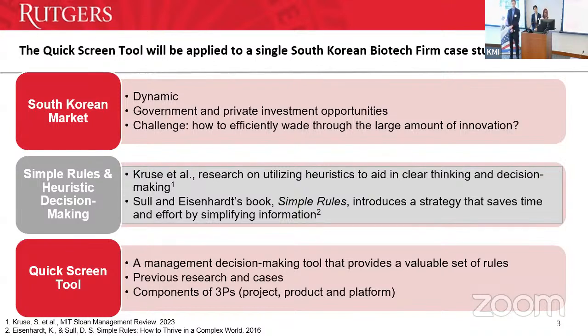Again, we're going to be using these two concepts to look at our case study using the quick screen tool, which is a management decision-making tool that has a valuable set of rules to analyze different opportunities with. We'll go over previous research and cases, and then we'll introduce the 3Ps concept, which are project, product, and platform.